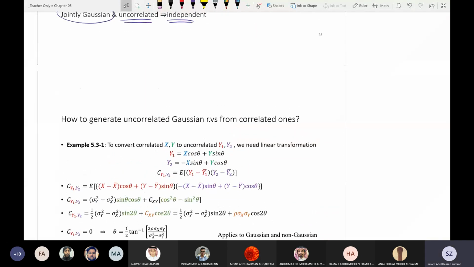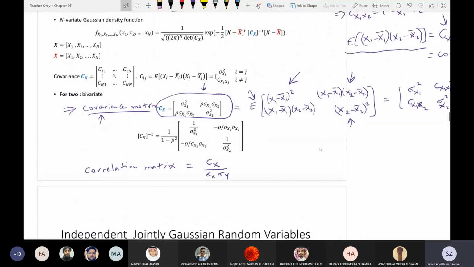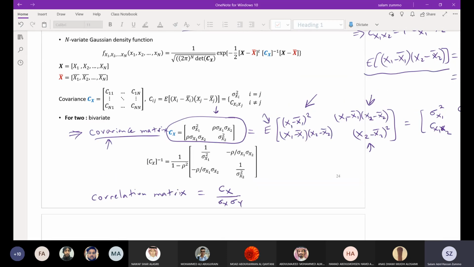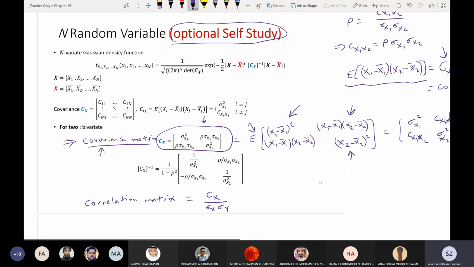Any questions? Any question? I think time is almost up. Of course this is self-study except this part, which is included.